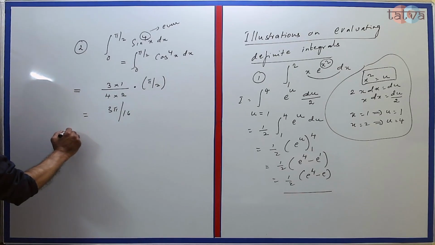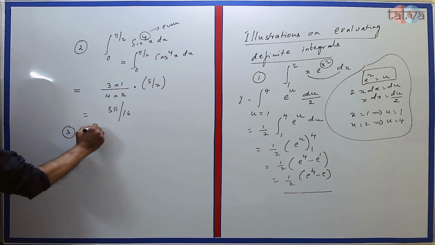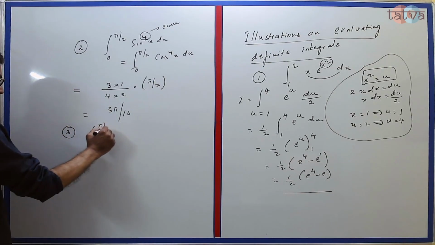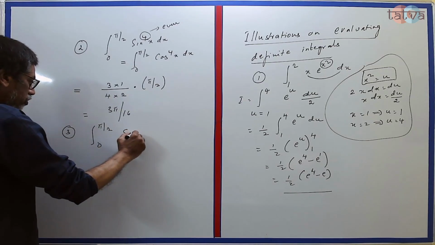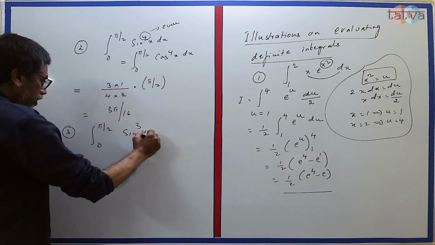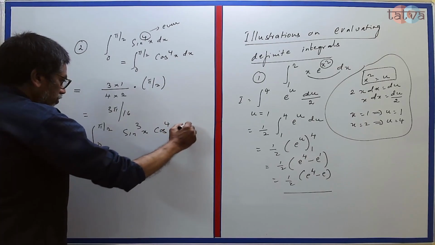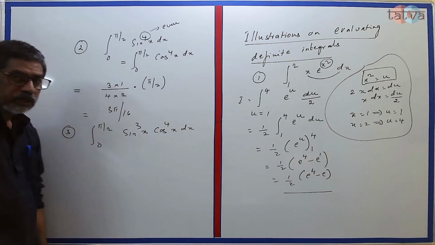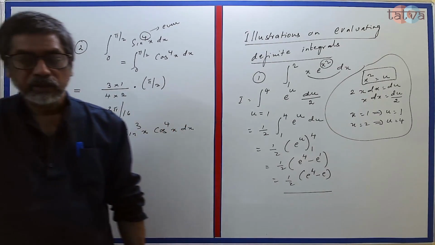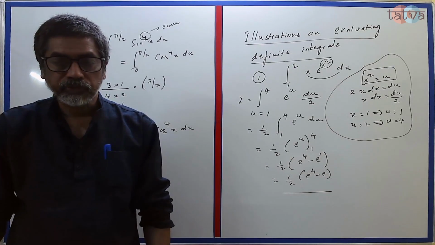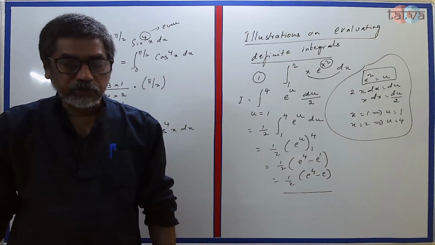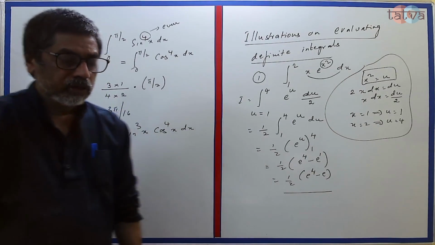My third example is what would happen when both a sine function and a cos function come together as a product in the range 0 to pi by 2. So again, there is a direct principle.